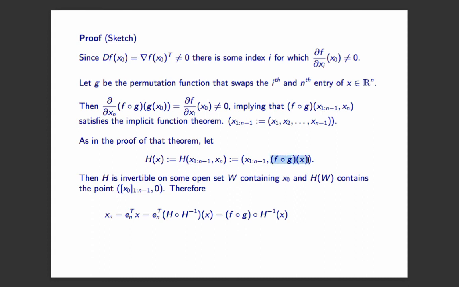And the last entry of what h does is that. So I can just rewrite this composition as f of g of h inverse of x. Well, remember where I started from. That's xn. So that's essentially my result, if I let h be the composition of g and h inverse. Okay, so that's a sketch of how you might apply the implicit function theorem to show this result.